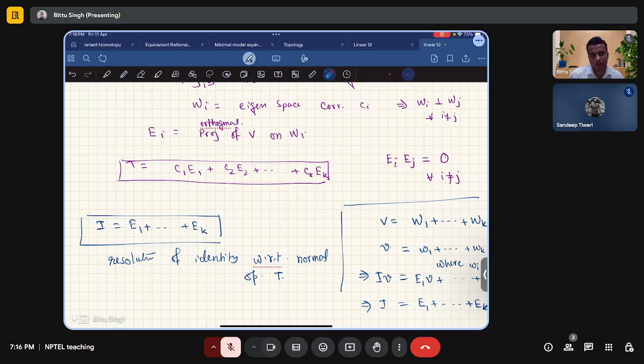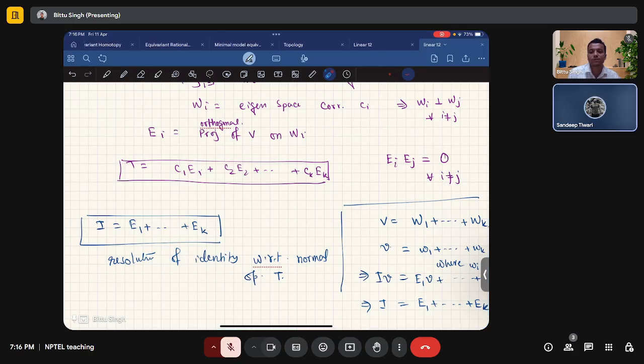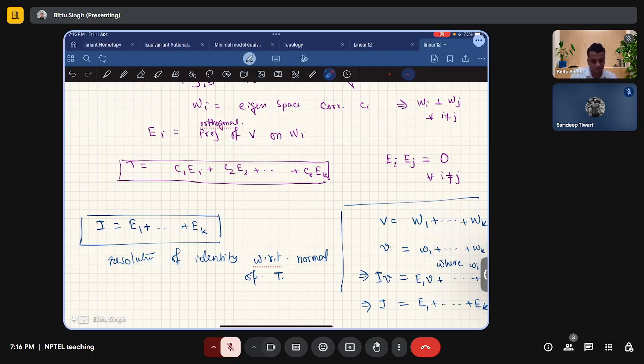Eigenspaces are unique with respect to an eigenvalue. So the projections are also unique operators. So T can be written as this kind of combination, and that combination is actually unique.